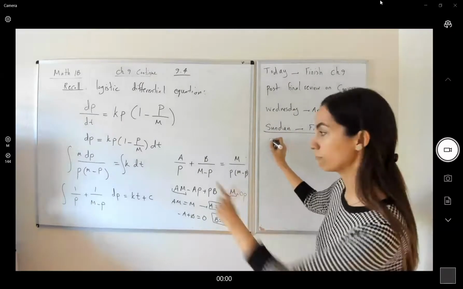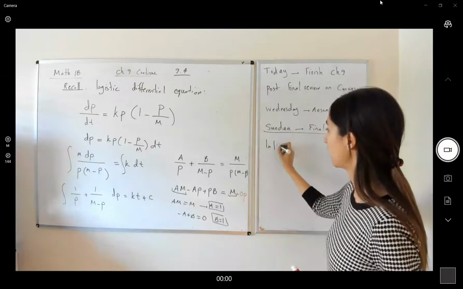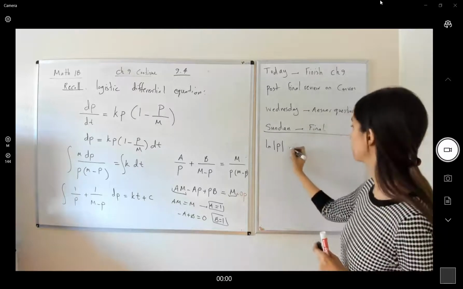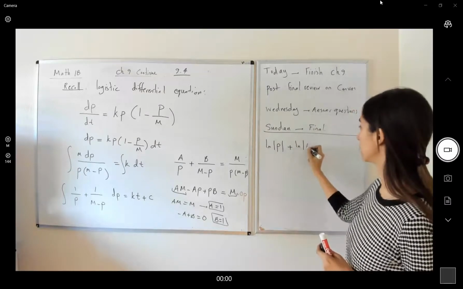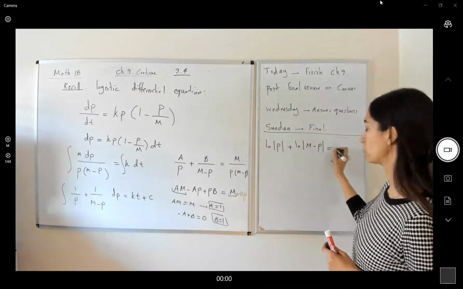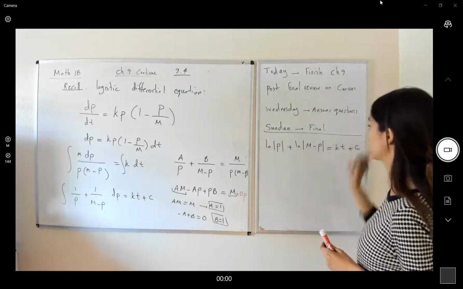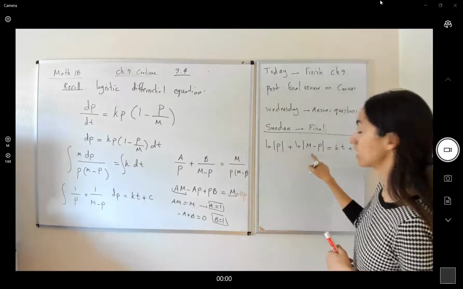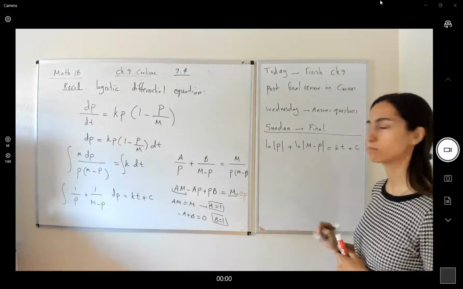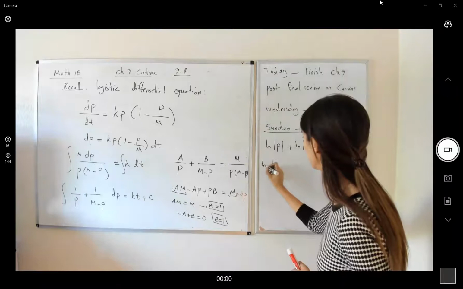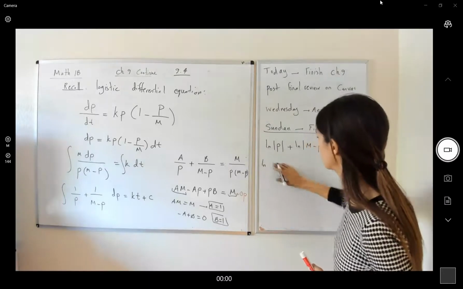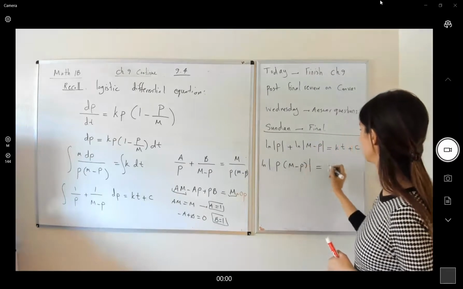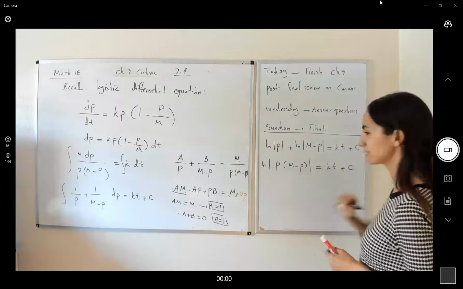We get the integral of 1 over P, which is ln of absolute value of P. Again, since P is positive, you can get rid of absolute value, plus ln of absolute value of M minus P equals kt plus C. So you have ln of P times M minus P equals kt plus C.